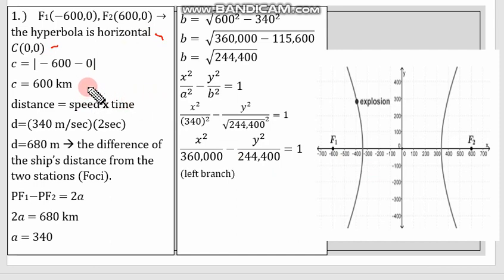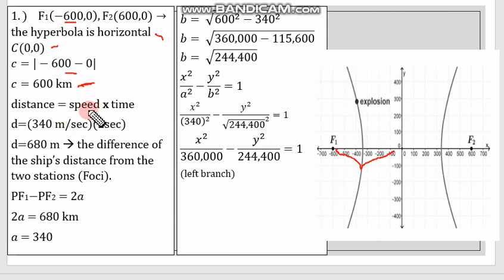So we will just subtract the x coordinates of the center and the foci to determine the value of c. We can use negative 600 minus 0. That's negative 600, and the absolute value is 600. Or you can use 600 minus 0, which is 600.